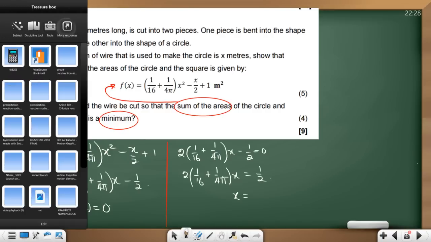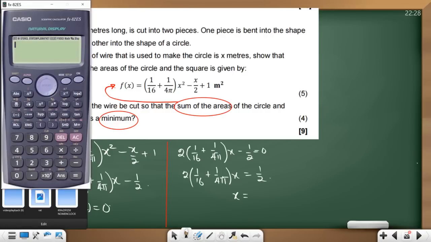So let's get a calculator and say on the left hand side I have 2 into bracket 1 over 16 plus 1 over 4 pi. Okay, that would give us a particular value. And then we say half divided by that. Okay, 0.5 divided by that. 1.76. Sweet.